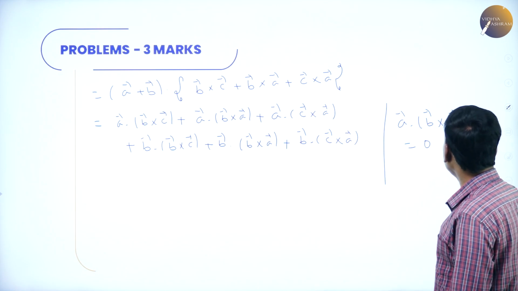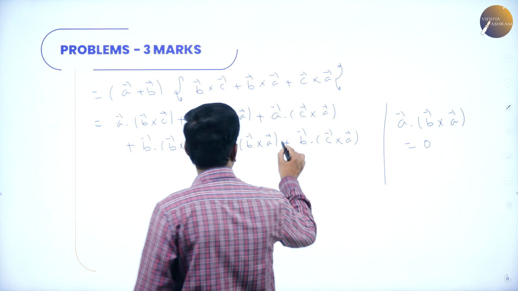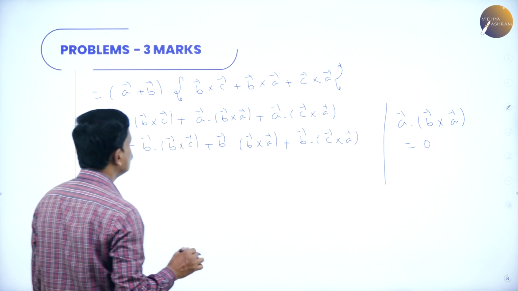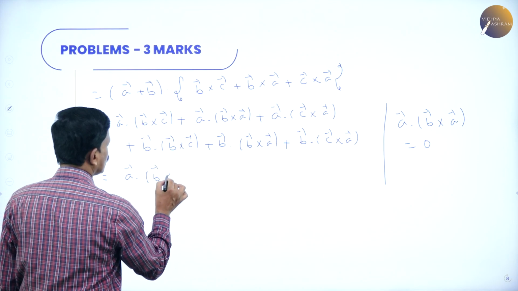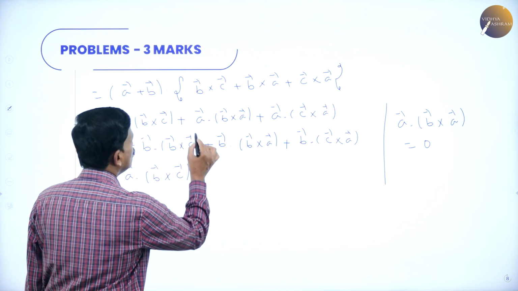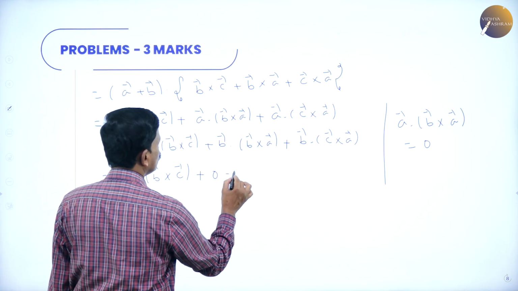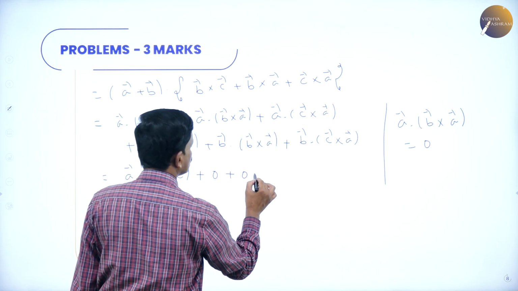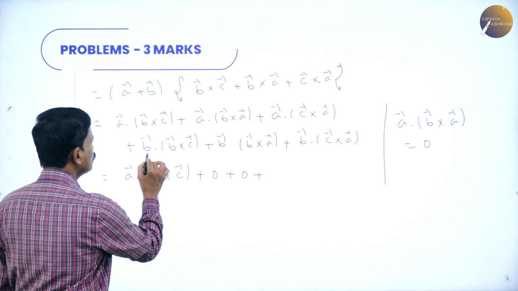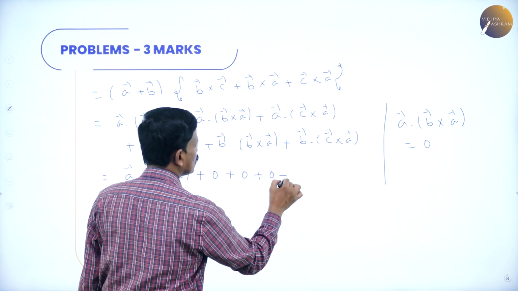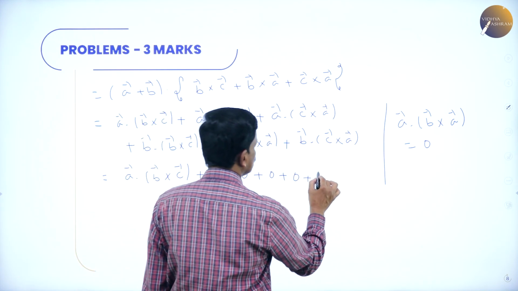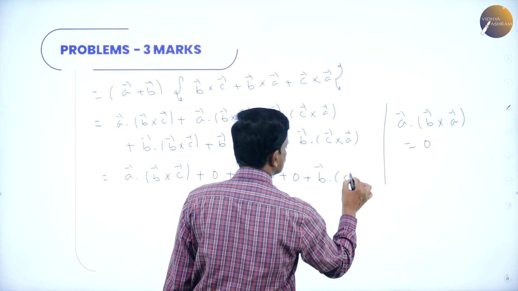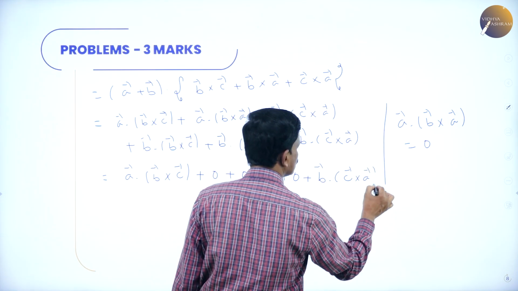So A dot B cross A is equal to 0. Similarly A dot C cross A is equal to 0. So this can be written as A dot B cross C as it is, plus A dot B cross A is 0, plus A dot C cross A is also equal to 0, plus B dot B cross C is also equal to 0, B dot B cross A is also equal to 0, plus B dot C cross A as it is.